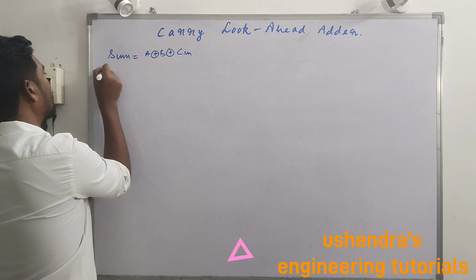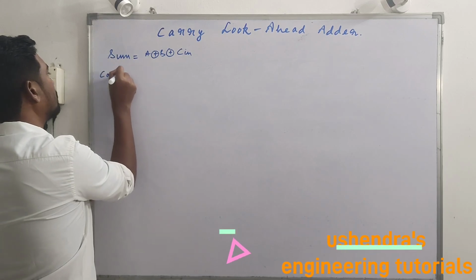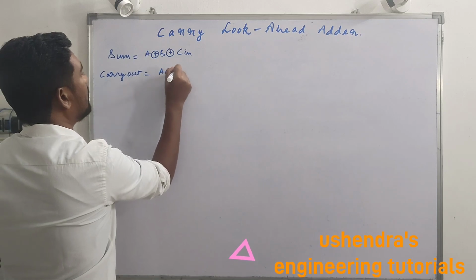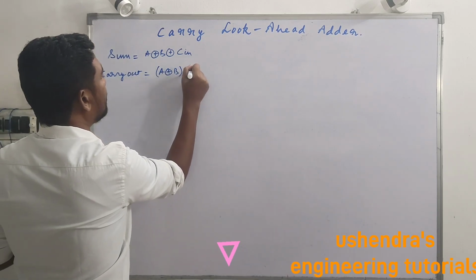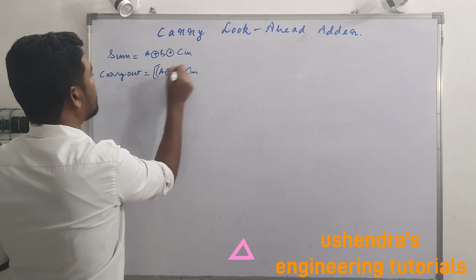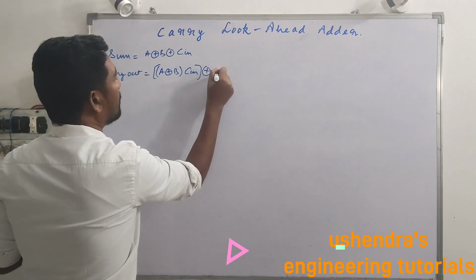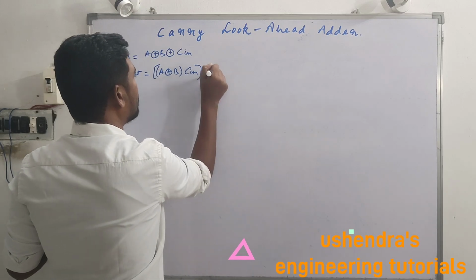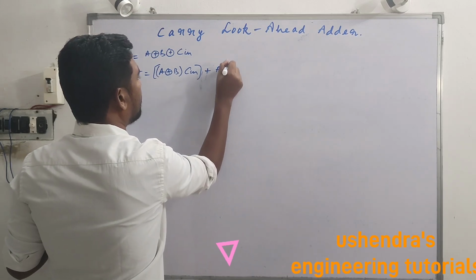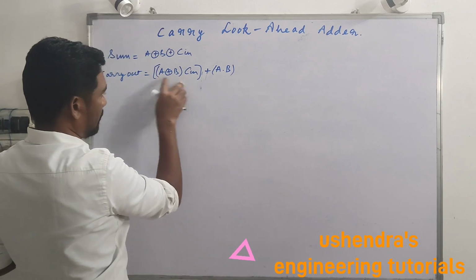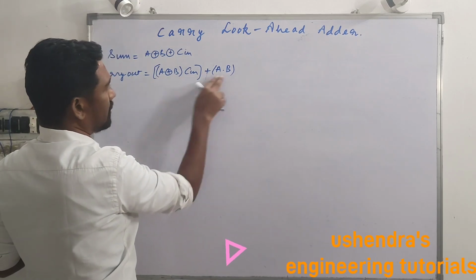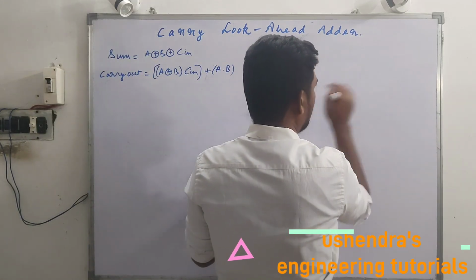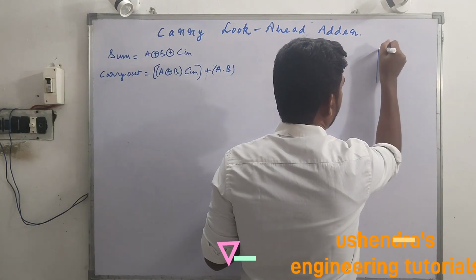Then the other output, carry out, is given as A exclusive OR B ANDed with Cin, and this product is ORed with, not exclusive OR, an AND operation between A and B. This is for the sum and this is for the carry. These are the general basics of a full adder.